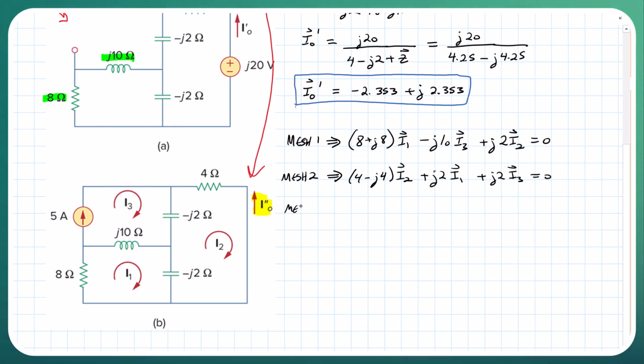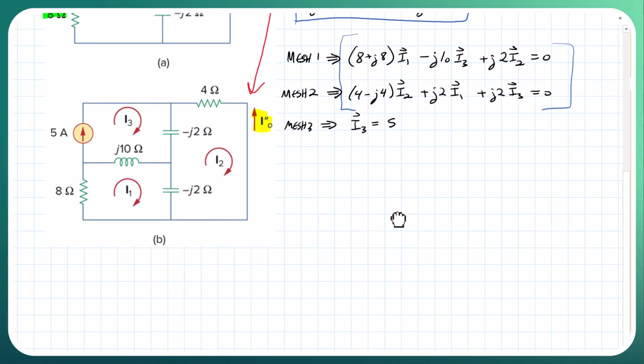And then for mesh 3, I3 is simply our 5 amps. Then similarly, just as we did for the previous mesh analysis example, we plug I3 equal to 5 into those equations. So we got these equations here, we can plug in I3 for those, and then we can rewrite some of these equations.